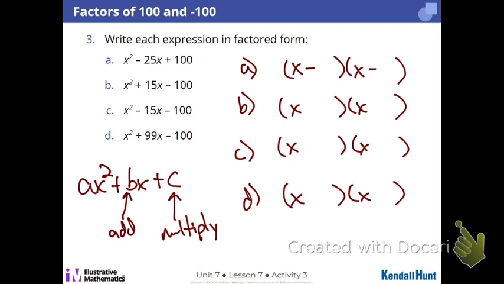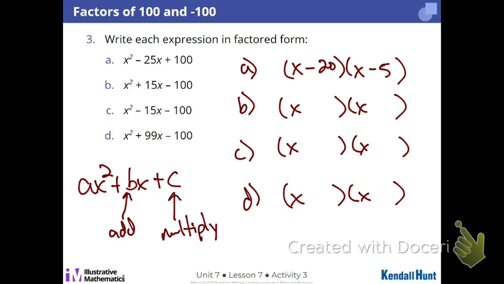So with that in mind, what two negatives as factors add to be 25? The answer is negative 20 and negative 5. This has to be the answer for A. It's the only one. Again, it's the factors that add to be negative 25, multiply to be positive 100.